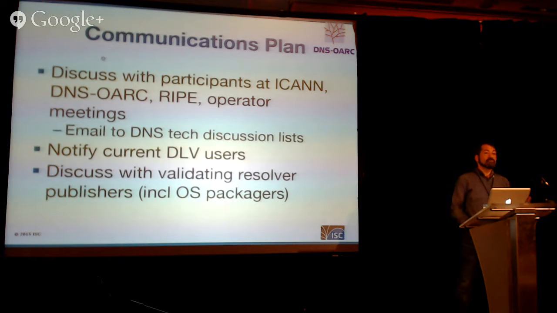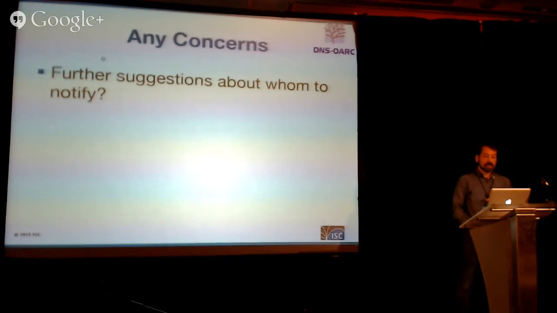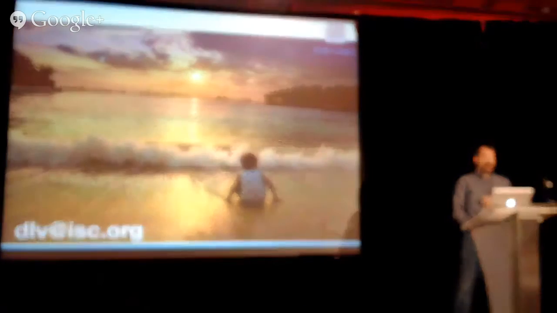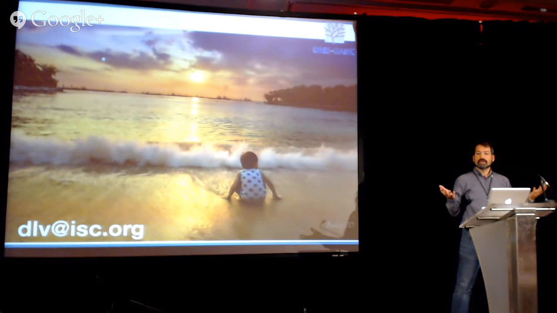We're going to be notifying everybody who's using DLV right now. And we're going to go to the validating resolver publishers as well as the OS packagers to figure out where defaults should change over time. And so really what we're looking for here is feedback on whether this is a good idea, bad idea, and just an idea of what does the community believe.